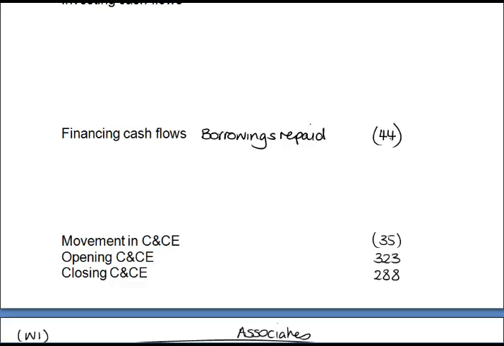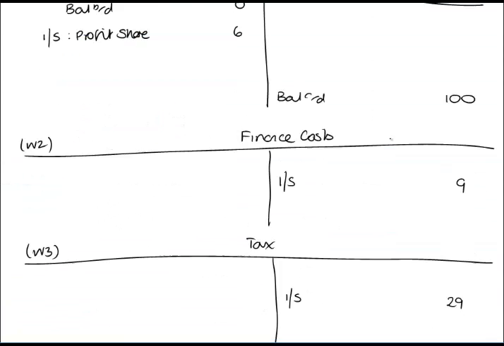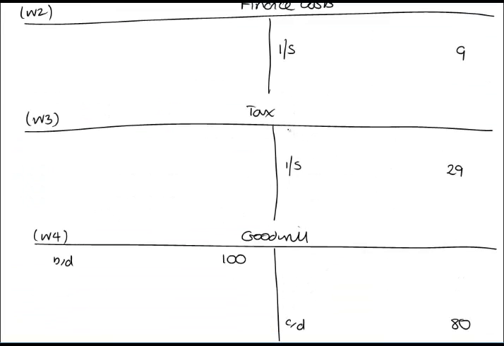We've got deferred tax. Not quite sure what's happening with deferred tax, but ultimately it's a tax balance. So an opening balance of 26 and a closing balance of 28.